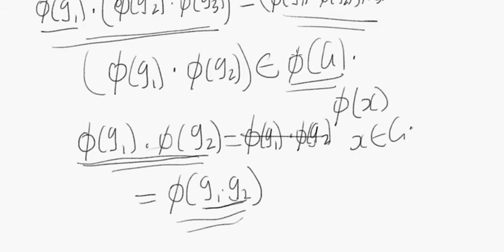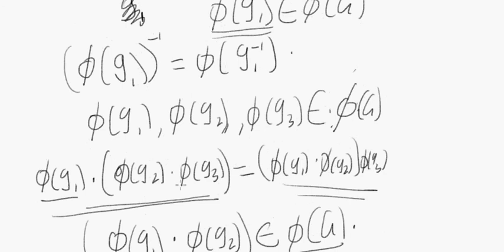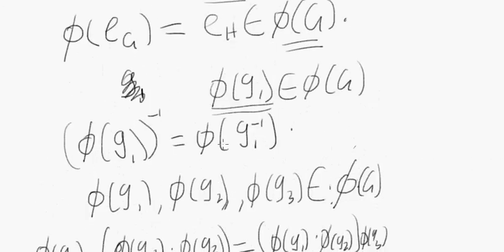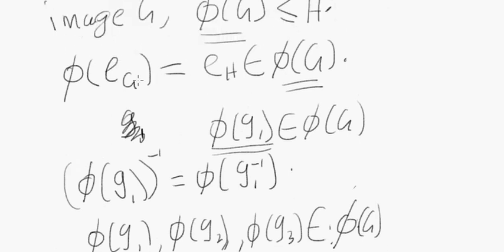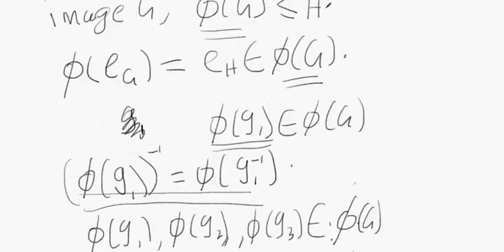We showed that associativity holds for the image of G. We showed that the image of G has an identity, namely the identity of H. That is, if you take e of G, the identity in G, and apply phi to it, you get the identity in H. And we've shown that it has an inverse: the inverse of phi of g1 is just this. We found an inverse for every element. If this is true, then the image of G, phi of G, is really a group.